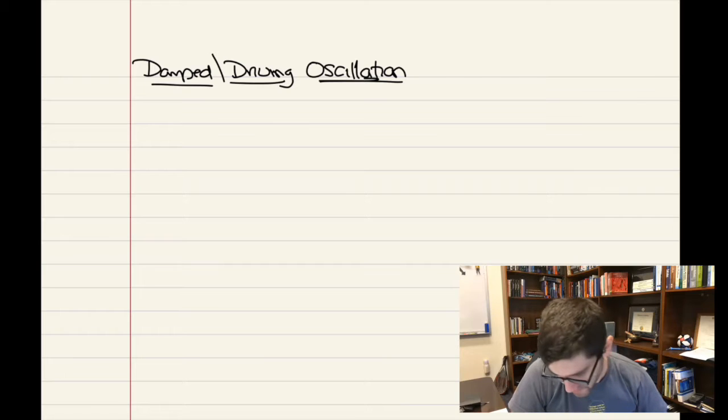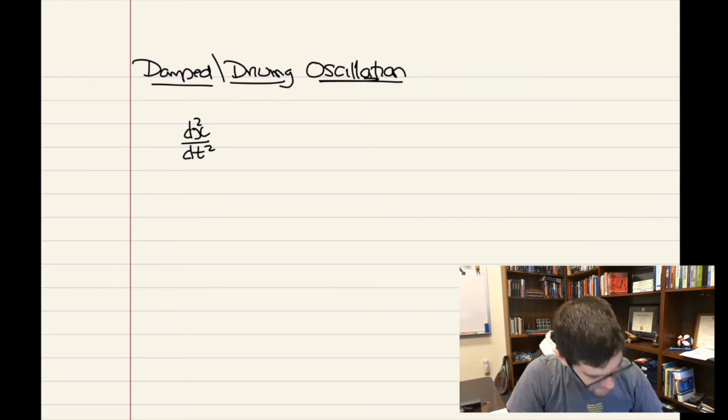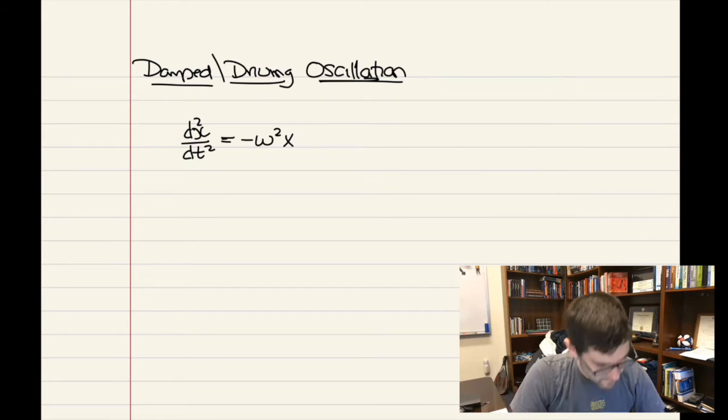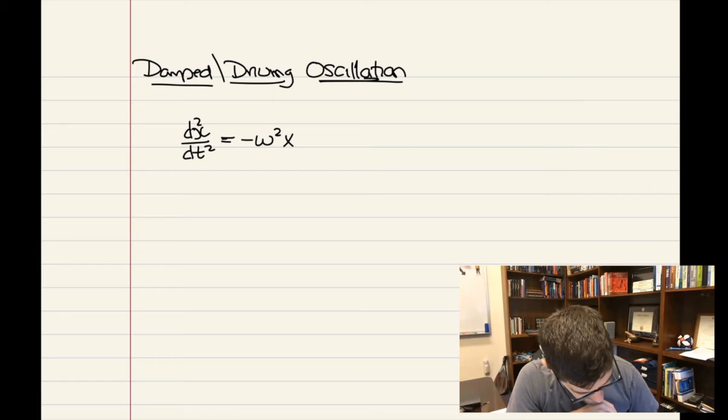So simple harmonic motion, and let's just think of this in 1D. Simple harmonic motion, we said, was described as the acceleration, or the second derivative of position, being equal to minus omega squared times the position. There was a relationship between acceleration and position. We saw this for an example of, say, Hooke's law, ma equals minus kx.